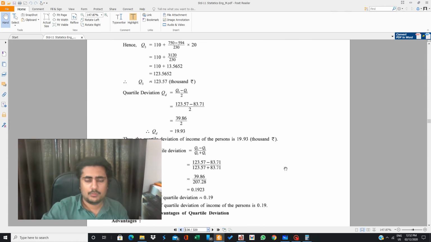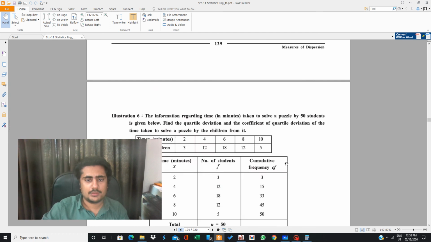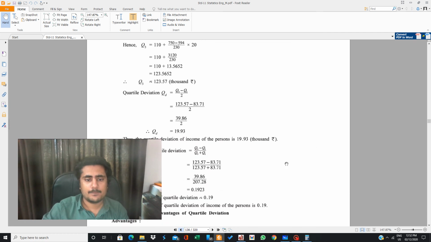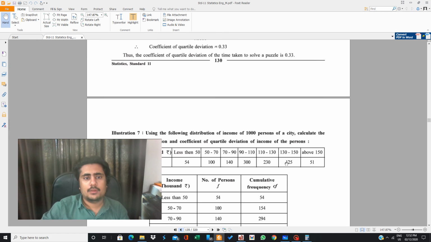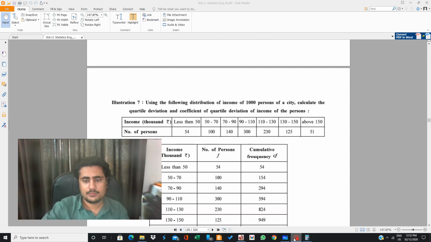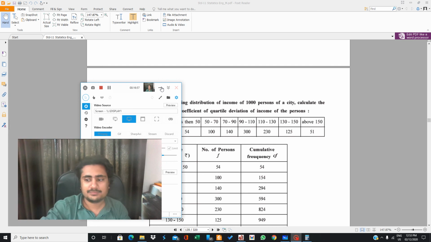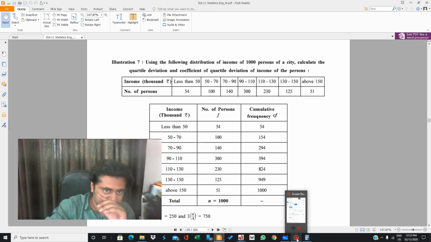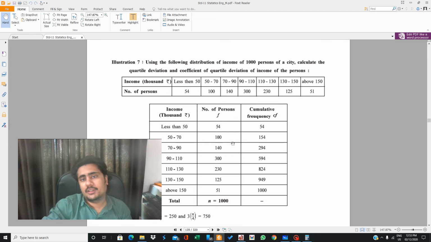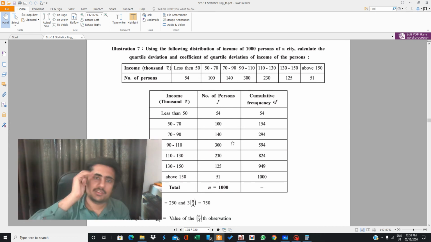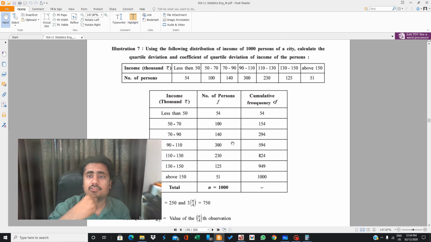Let us do one more sum from the classes section. Let us start illustration number 7. Using the following distribution of income of 1000 persons of a city, calculate the quartile deviation and coefficient of quartile deviation of income of the persons.